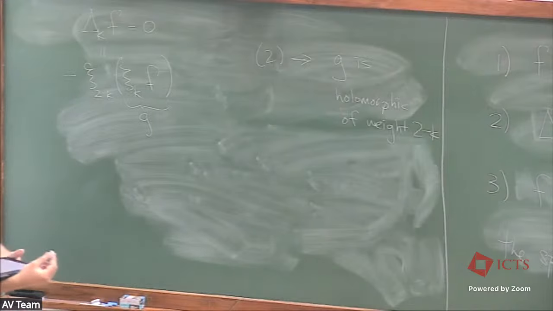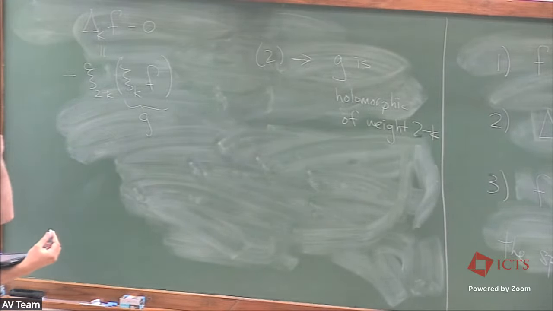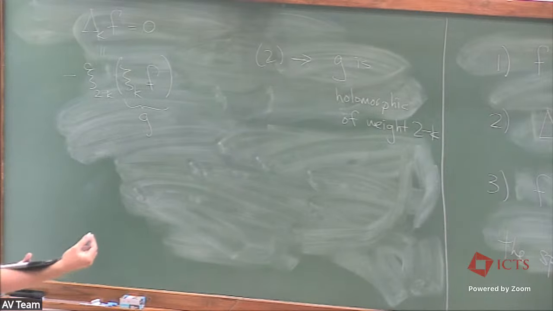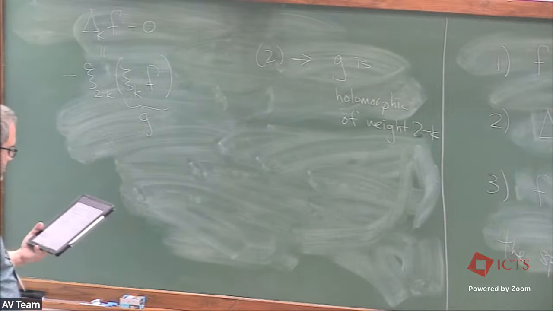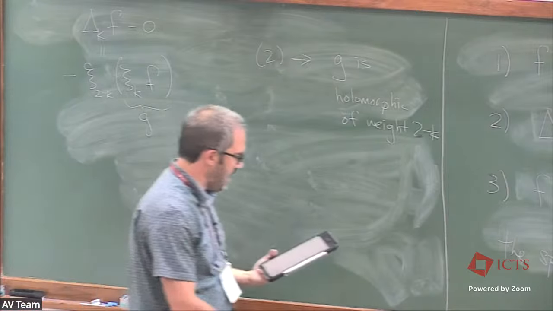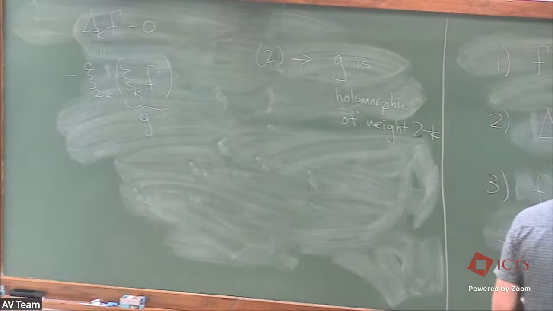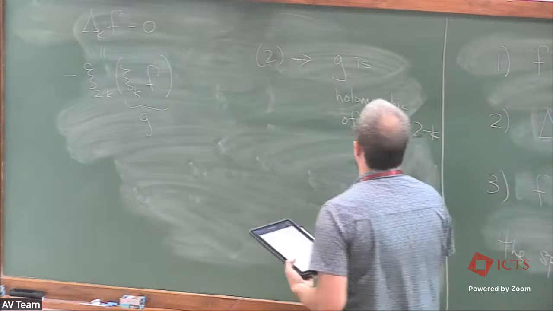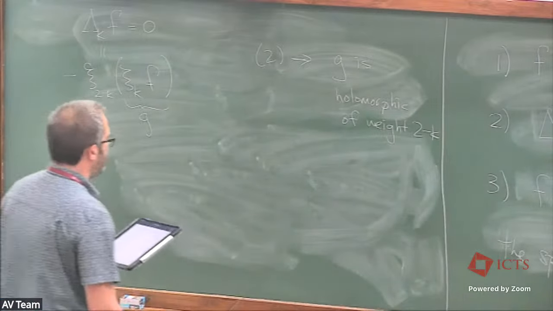So it's a weakly holomorphic modular form of weight 2 minus k. And so we're going to think about the different options for G and then classify harmonic Maass forms based on that.